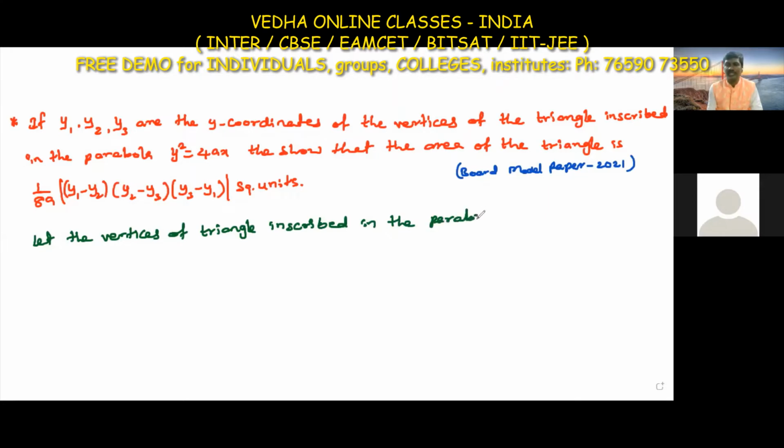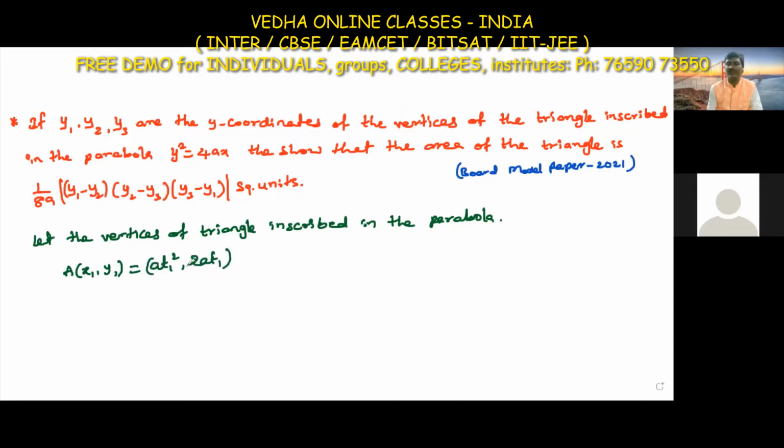I am taking the vertices as A equals (x1, y1), which in parametric form is (a t1 square, 2a t1).